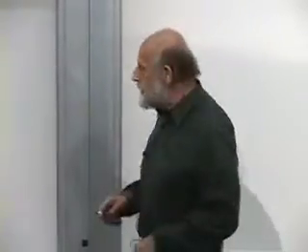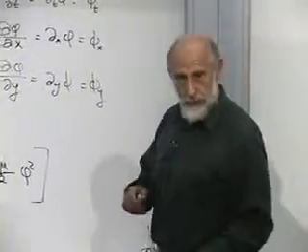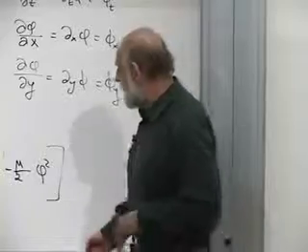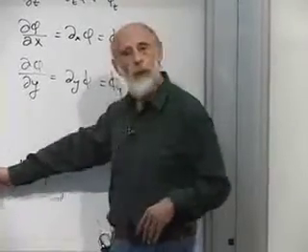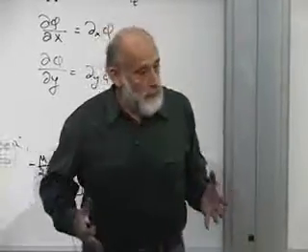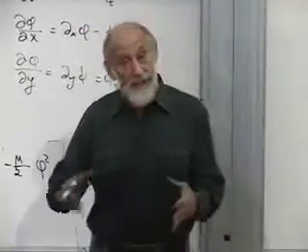Now, what is the condition that the theory be Lorentz invariant? The condition is very, very simple. You, of course, first must start with some idea of what kind of transformation properties your field variables have. The field variables could be scalars, they could be vectors.